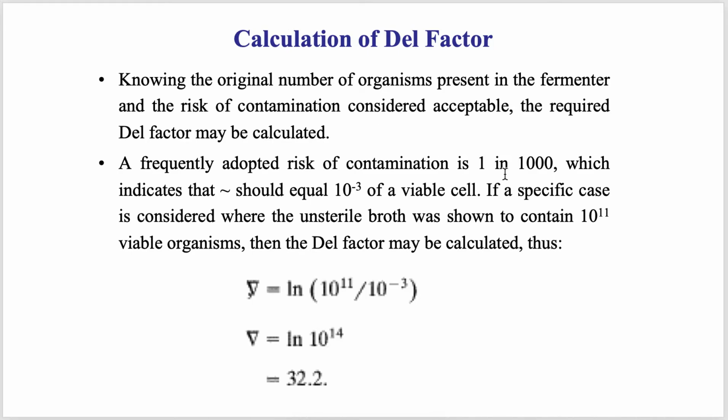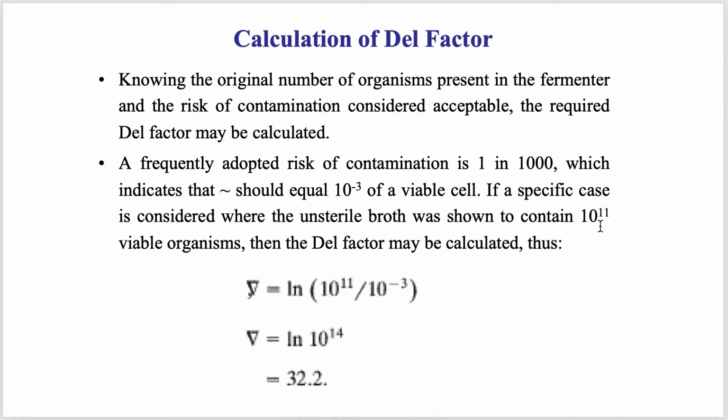Anyway, so we know the initial number of microorganisms N0. For example, you are dealing with a fermentation process. You want to sterilize the media, and you calculated that your unsterile broth contains 10 to the power 11 viable organisms. So this is N0. N0 is 10 to the power 11. So what is Nt?